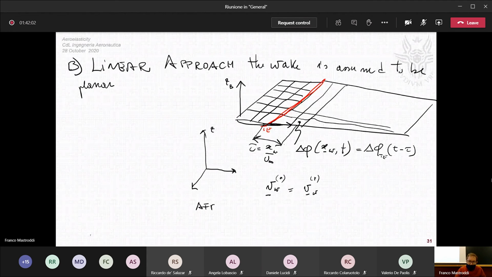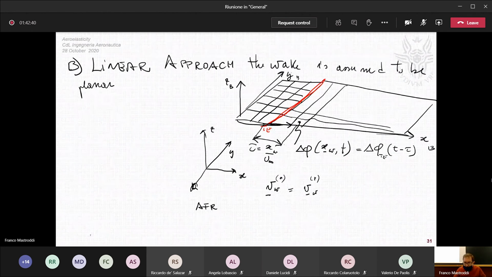Air frame of reference. Let me use the standard x, y, and zeta. And so we have x, zeta, y, typically in the right wing direction, y. This is the convention in aeroelasticity. And this is the x-axis in this direction. But this is the body frame of reference, fixed to the body. And this is the air frame of reference.